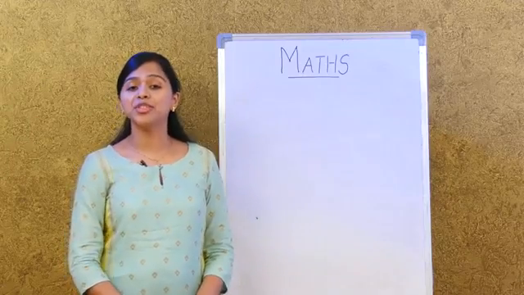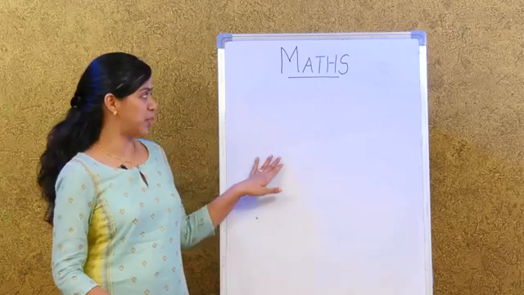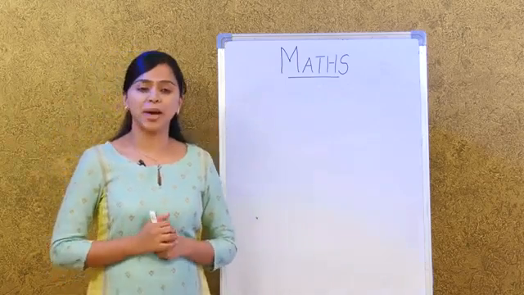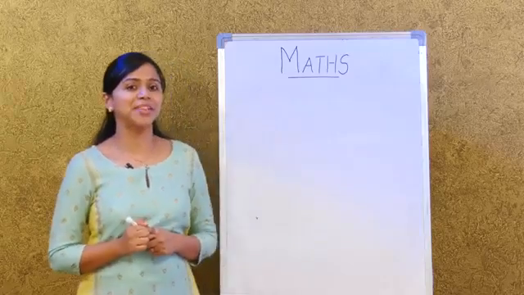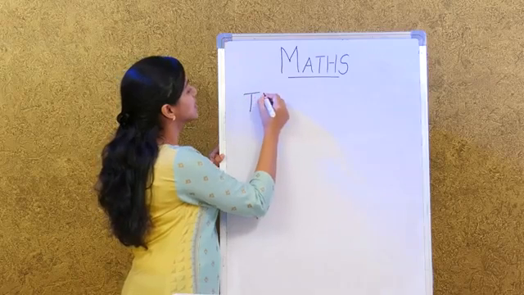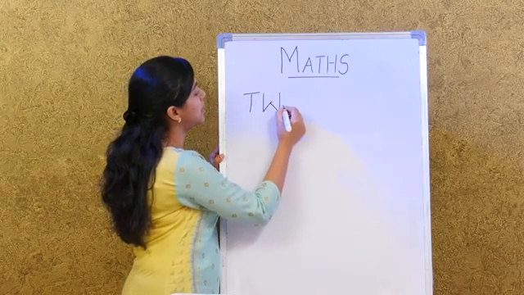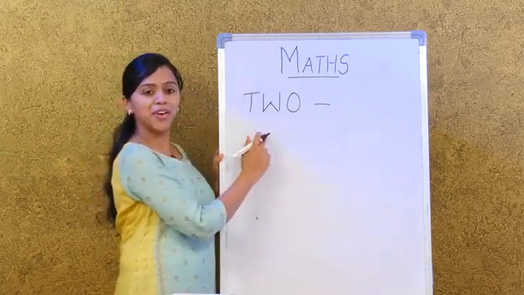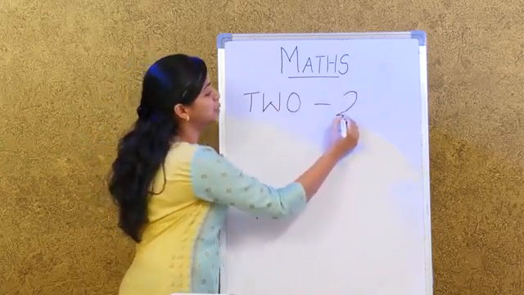Now I'm going to write a few number names on this board, and you have to tell me which number they belong to. Okay? Let me try with an easy one. Can you tell me what number this is? Number name for 2.